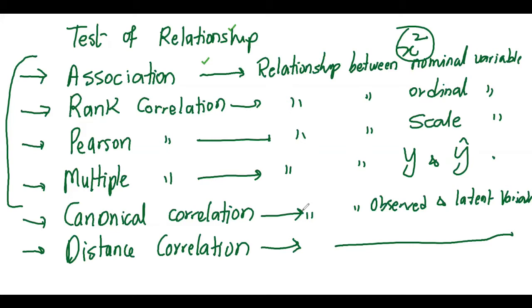Now I'm giving you some examples to think about what type of relationship we can apply between them. Number one, is there any relationship between gender and the level of shopping?